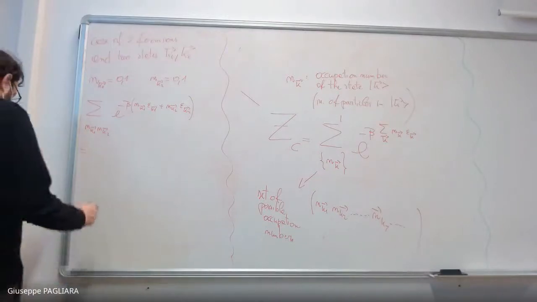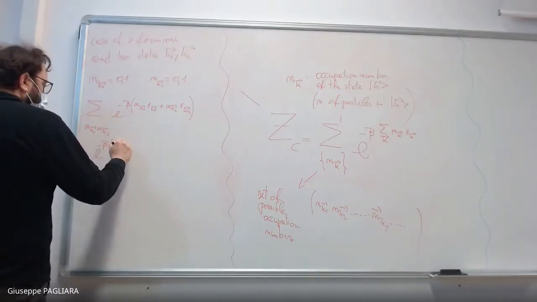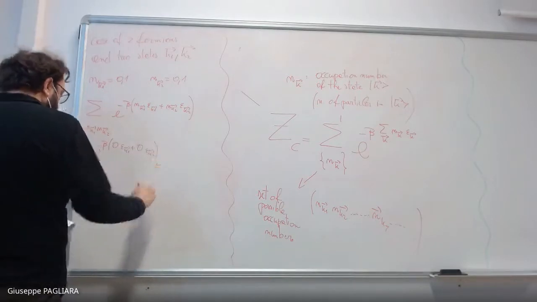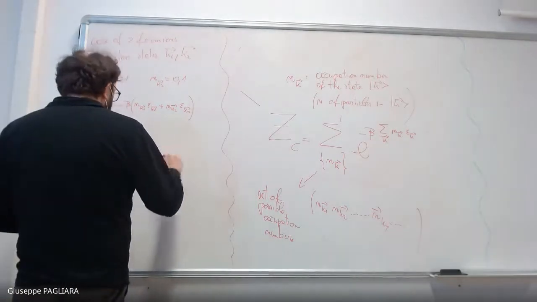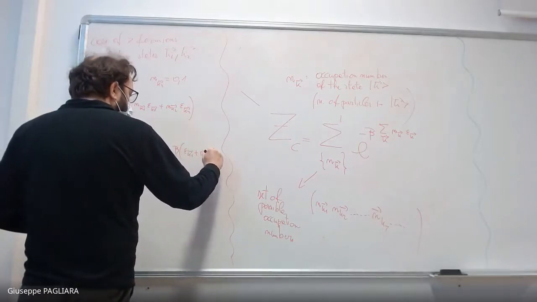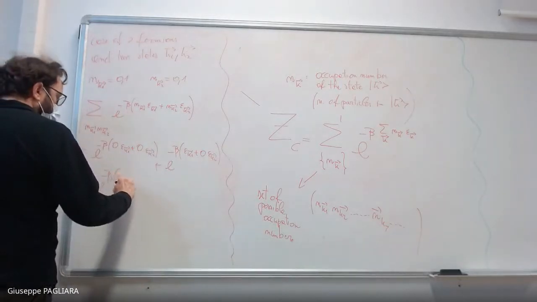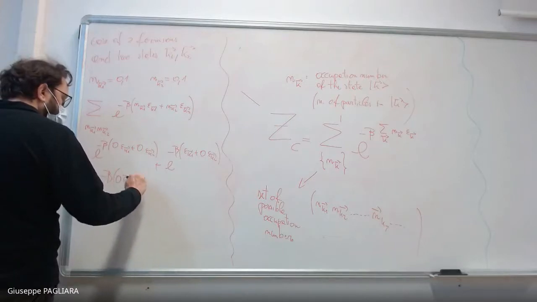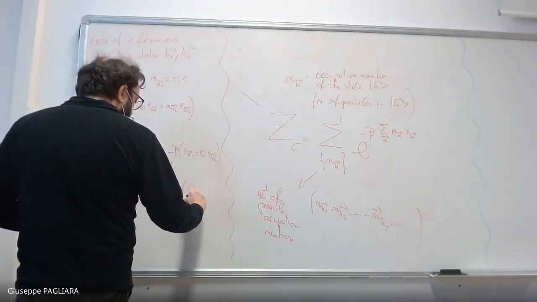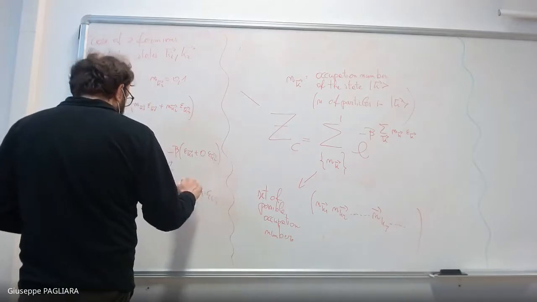Now we'll have those terms: e to the minus beta times 0 epsilon k1 plus 0 epsilon k2, plus e to the minus beta epsilon k1 plus 0 epsilon k2, plus e to the minus beta 0 epsilon k1 plus epsilon k2, plus the exponential of minus beta epsilon k1 plus epsilon k2.